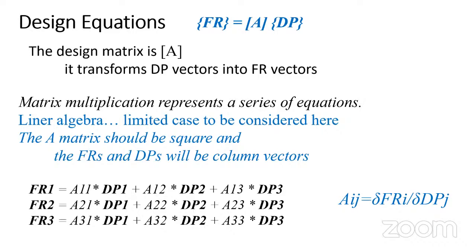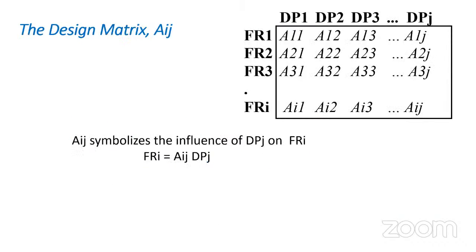You can do linear algebra, but don't get too scared, because you don't need to be real good at linear algebra. We can represent the design matrix simply by looking at all of the coefficients that change it.